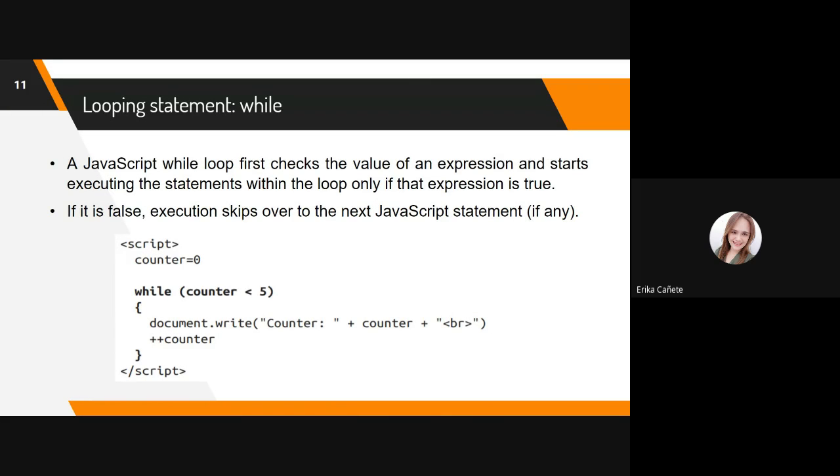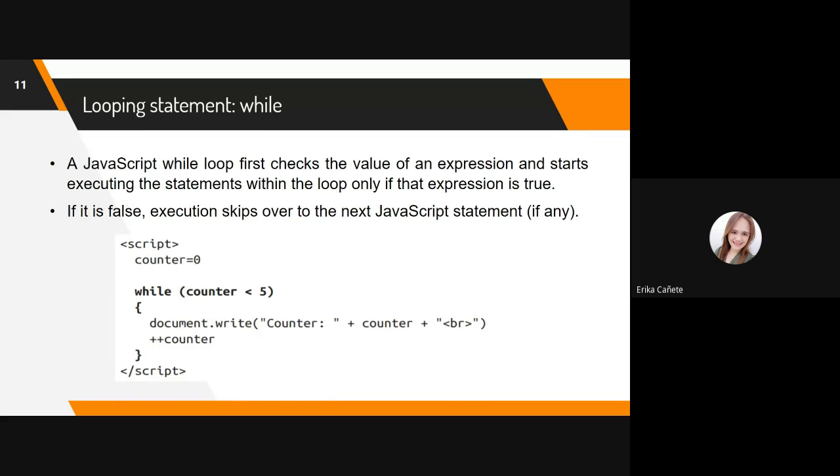Next, we have the while statement. A JavaScript while loop first checks the value of an expression and starts executing the statements within the loop only if that expression is true. If it is false, execution skips over to the next JavaScript statement if there is any.